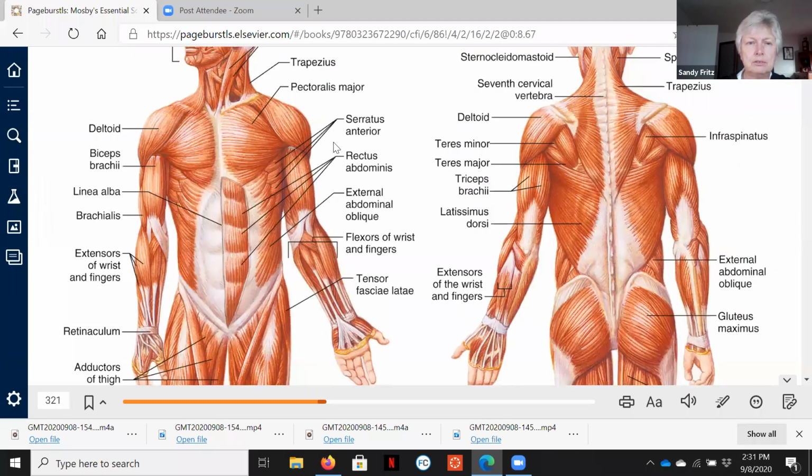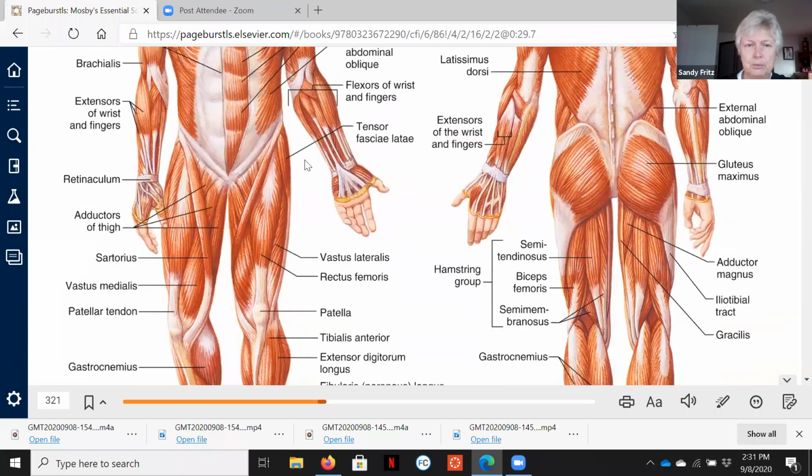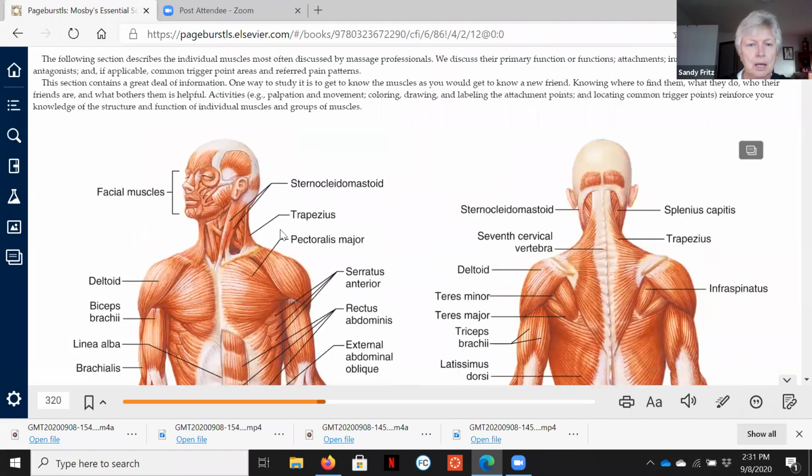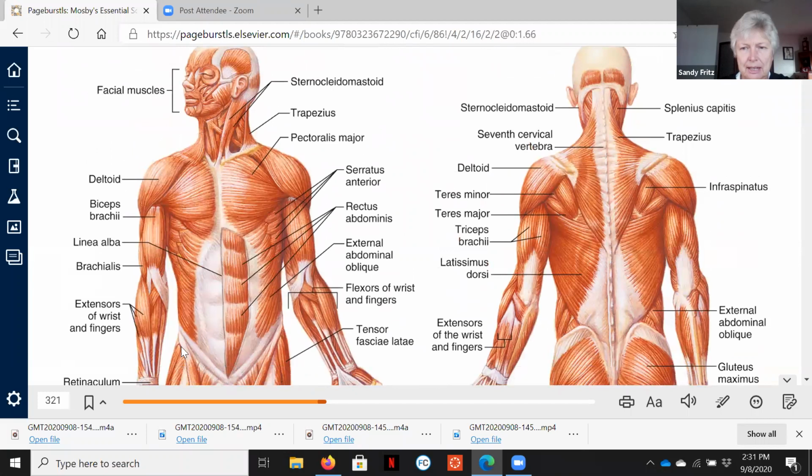So here's our general picture that you often will see. Nobody looks like this, by the way. All of the superficial fascia has been taken off, so the skin and superficial fascia is gone. I sometimes will call that the wetsuit. And these are clearly delineated now, right? You can see the lines and all that.